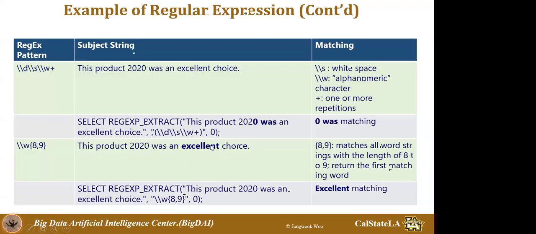So if you look at here, you are looking for alphanumeric character, right? So all can be alphanumeric, like a word, because space is not allowed here, right? Space is space character, but you are looking for only alphanumeric character. The length should be between 8 to 9.